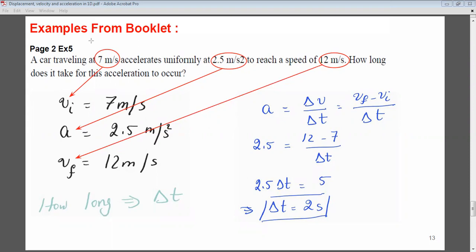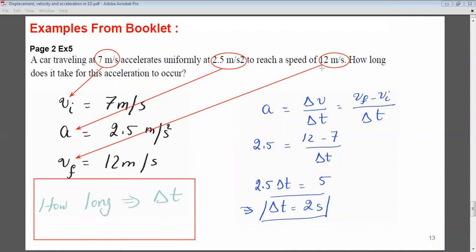And the question is, how long does it take? How long, يعني قد ايه بدها وقت? How long, يعني بدي طلع delta T. So I will use A equal delta V over delta T, which is V final minus V initial over delta T. Acceleration, notice here, this is in meter per second square, meter per second. I don't need to change units. Everything is in the same unit.